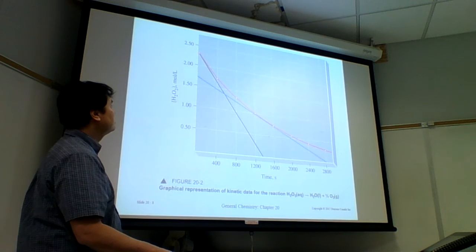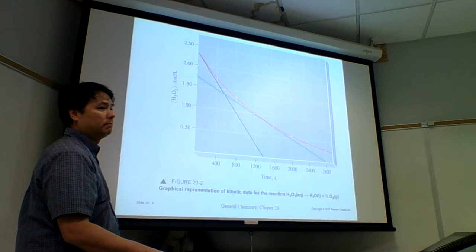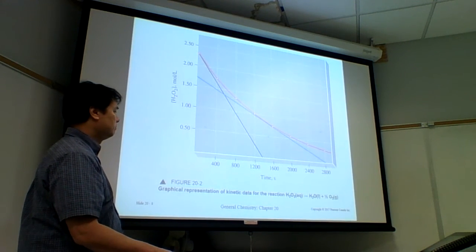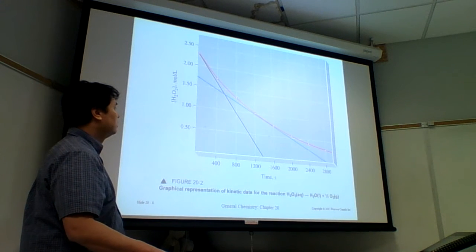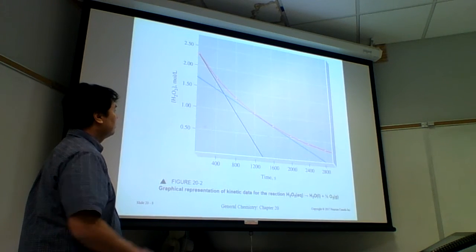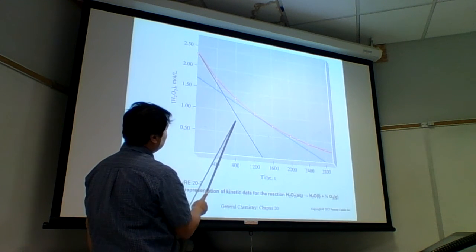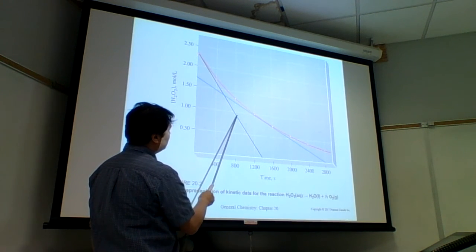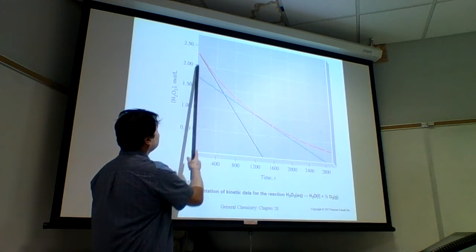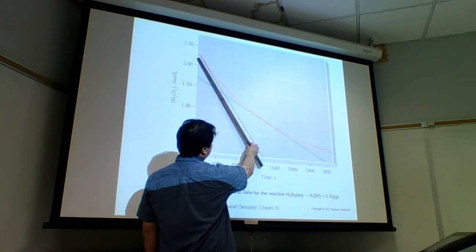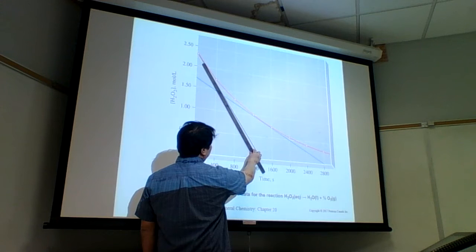What does the black line represent? The black line represents the tangent at time 0. So the slope of this line is the instantaneous rate at time 0. So it's very fast, decaying rapidly at time 0.